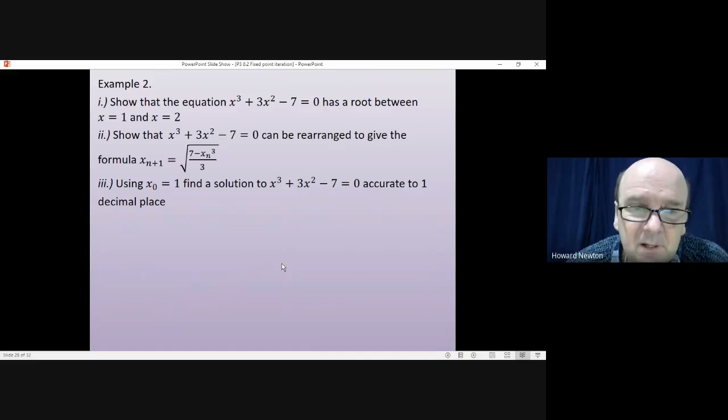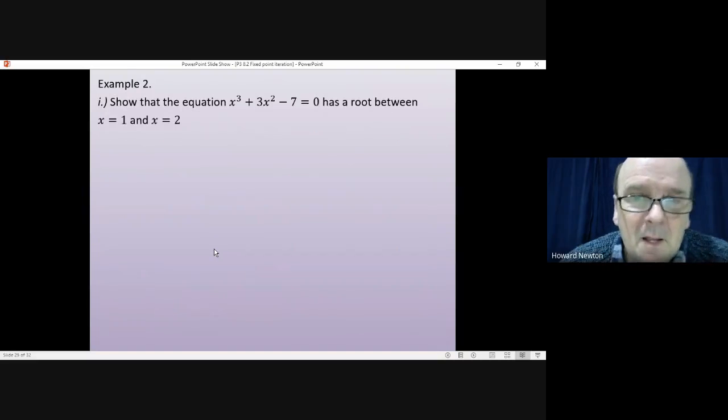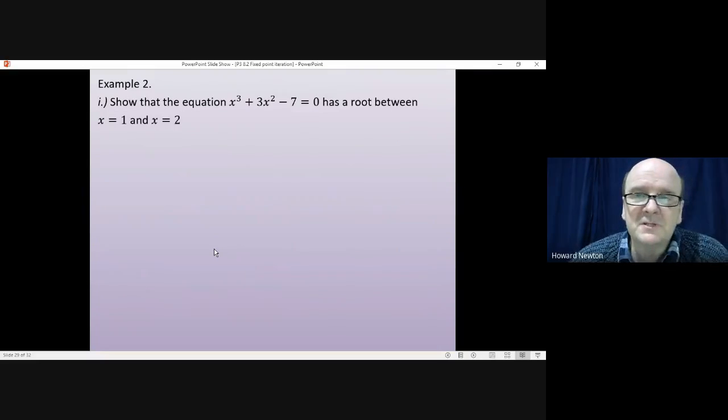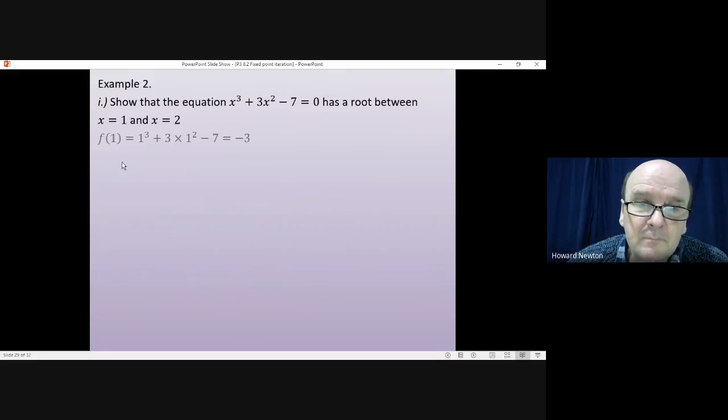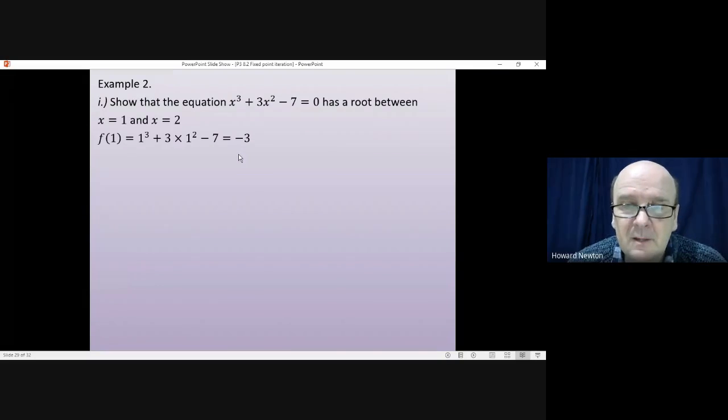Okay, let's have a look. So first of all, we've been asked to show that this equation has a root between x equals 1 and x equals 2. So we need to find the value of the function at 1. If we put 1 into the function, we'll get 1 plus 3 times 1 squared minus 7, which is minus 3. The significant thing about that number being the minus. Then we put 2 into the function.